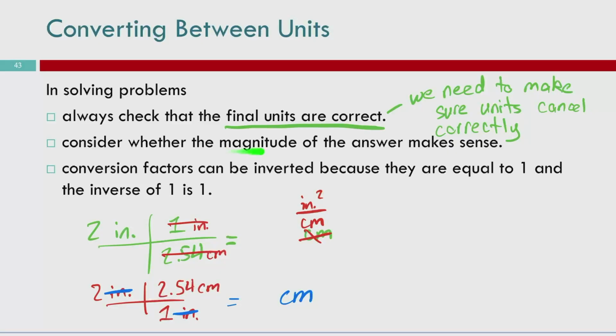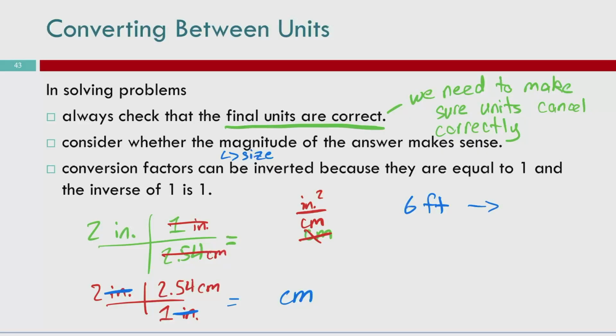We also want to make sure that the magnitude, the size of our answer, makes sense. So for example, if I wanted to convert my height from feet to meters, I'll embellish a little bit and say that I'm 6 feet tall, just to make the conversion easy.